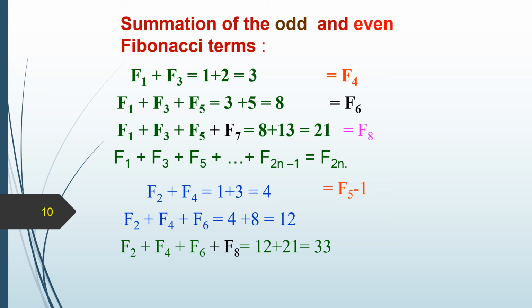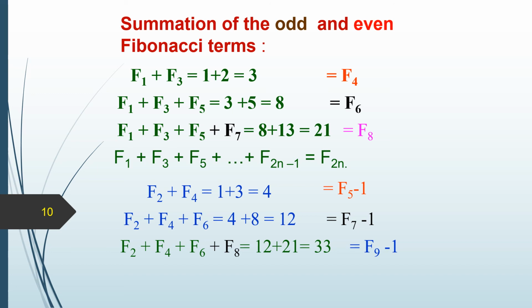Now 4 is 5 minus 1. 5 is a Fibonacci number. And 12 is not a Fibonacci number, but 13 is a Fibonacci number, the 7th Fibonacci number. So f7 minus 1, and this will be f9 minus 1.